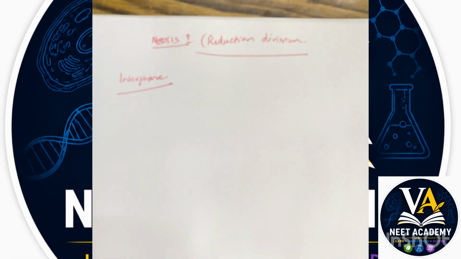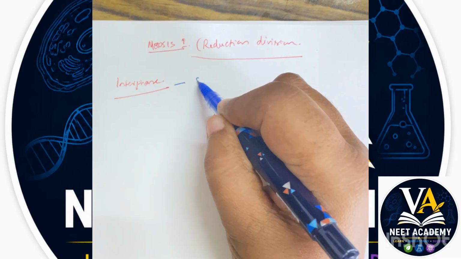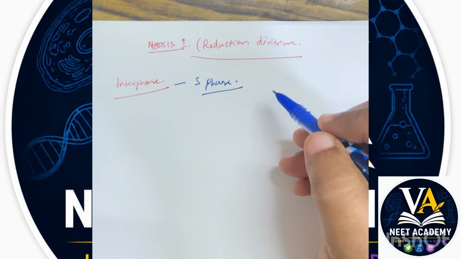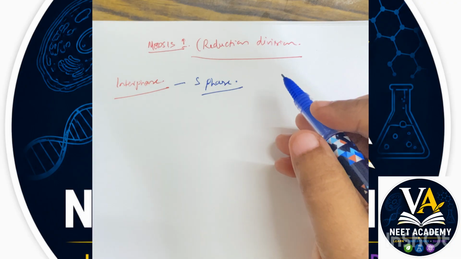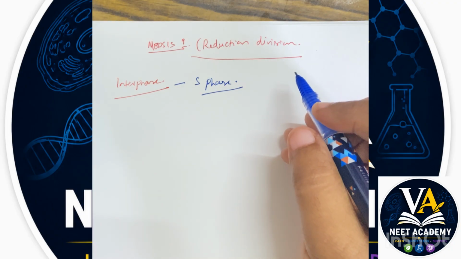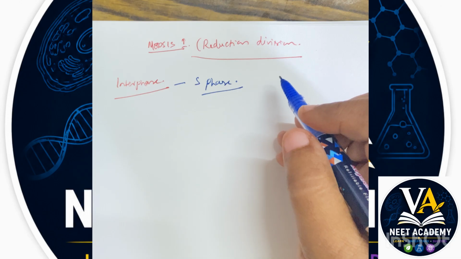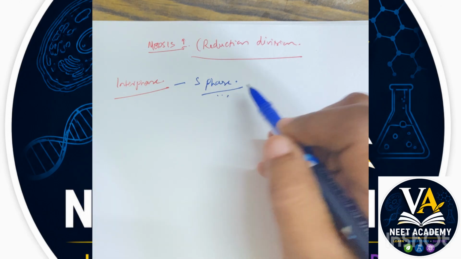Okay, so interphase stage happens. We have seen in mitosis that during interphase there is a phase called S phase, isn't it? So in S phase what happens? There is the synthesis of the chromosome. So DNA replication occurs during this S phase.